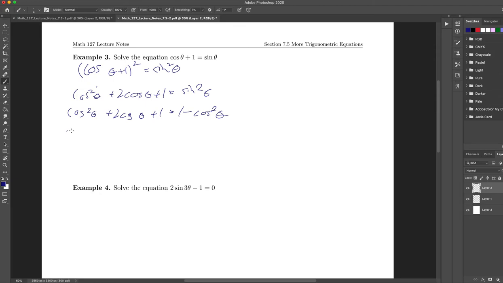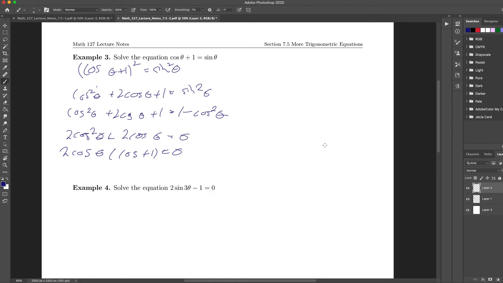Move this over to the other side, so I have 2 cosine theta plus 2 cosine squared theta equals 0. This is the same thing as 2 cosine theta times cosine theta plus 1 equals 0. Here we're just pulling out the 2 cosine theta. So what does this mean?